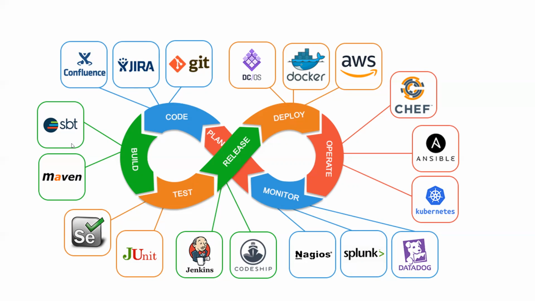To build your code, we can have certain build tools like Maven or Ant or SBT, particularly with respect to Java-based applications. And for testing, for example, we have the famous JUnit framework for unit testing of the built application, along with Selenium as well.